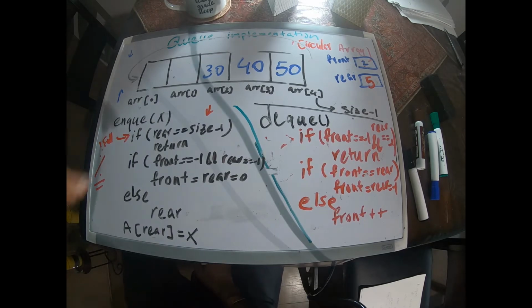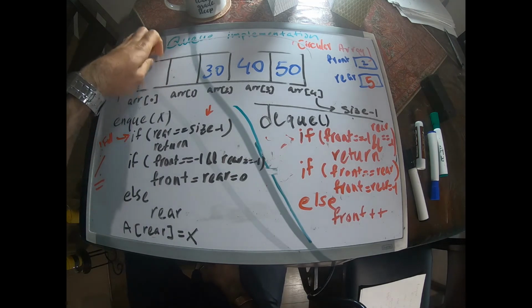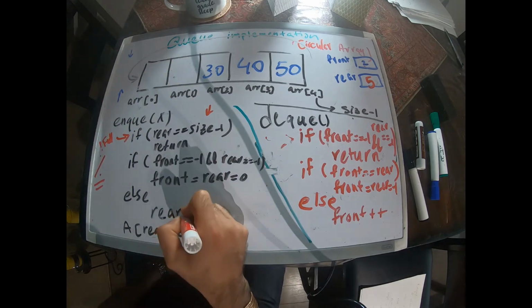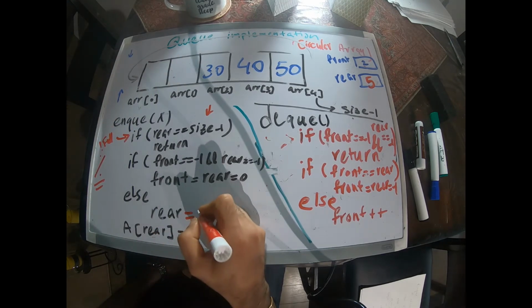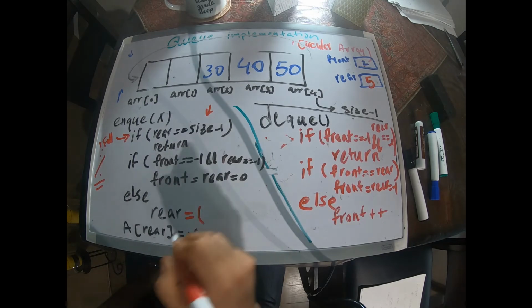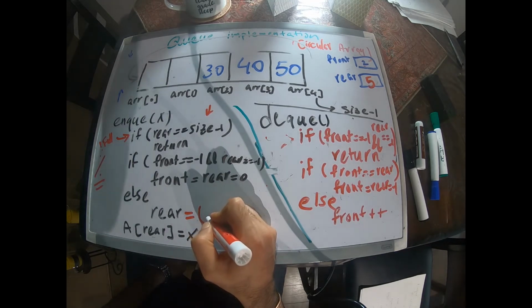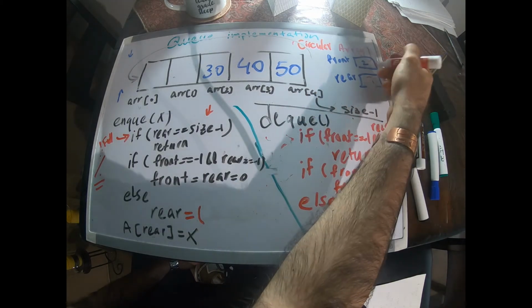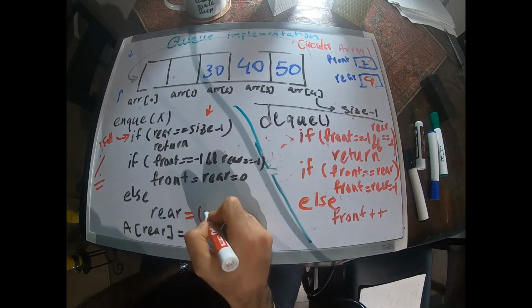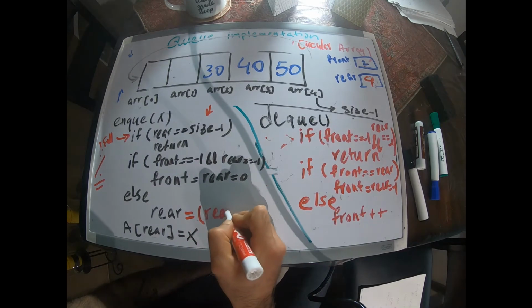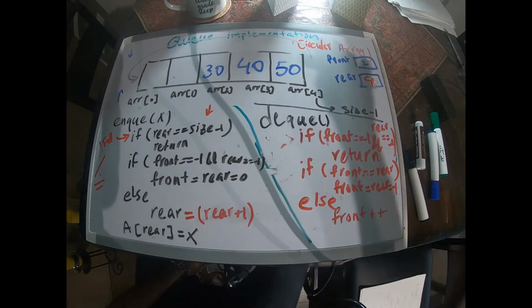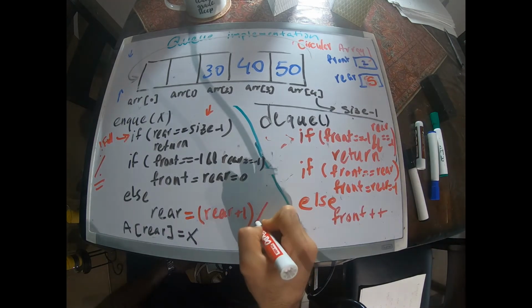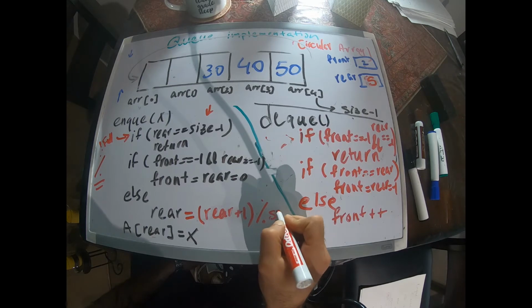If it's not full, it means that we have empty spots here. So then I can say rear is equal to rear plus 1, which is going to be 5, mod size.